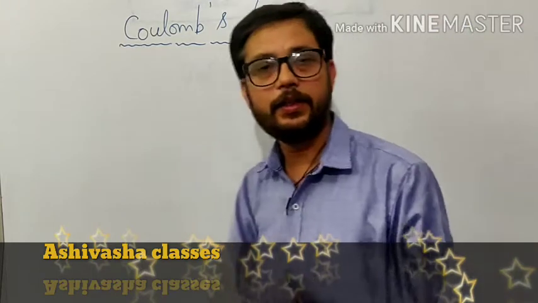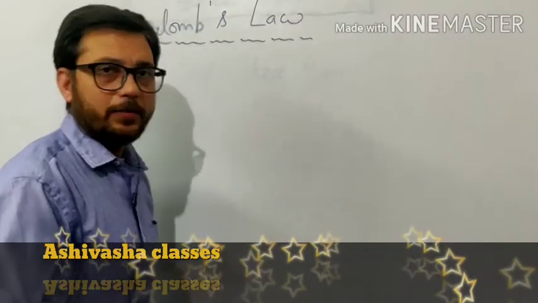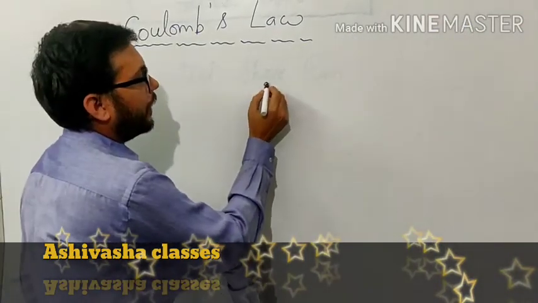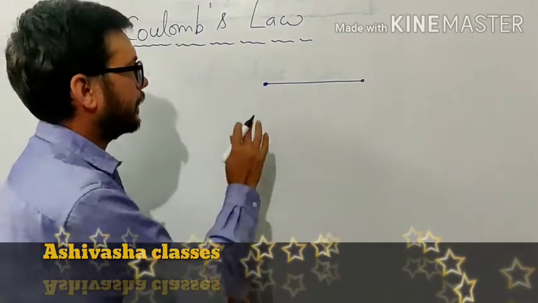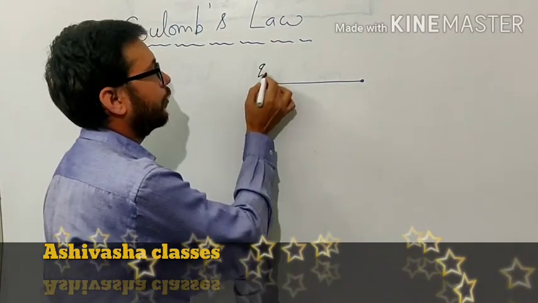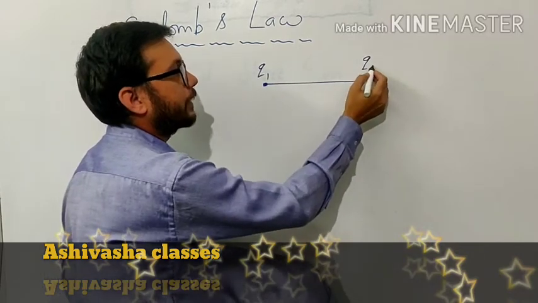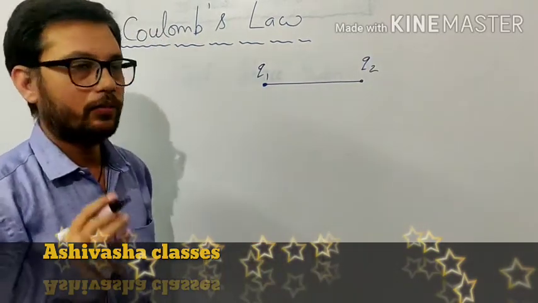So let's start. So according to Coulomb's law, let's suppose we have two charges. This is the first charge, suppose Q1, and this is the second charge, suppose Q2.